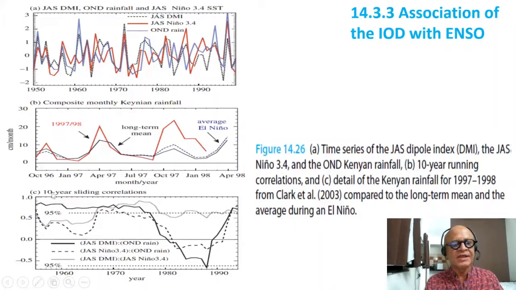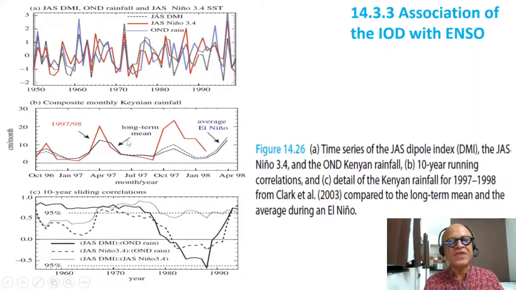So if you look at 10-year sliding correlations between July, August, September dipole mode index versus OND rain, July, August, September Nino 3.4 and OND rain on Kenya, and so on, there are times when the correlation collapses and even switches sign. So there is some non-stationarity there as well.